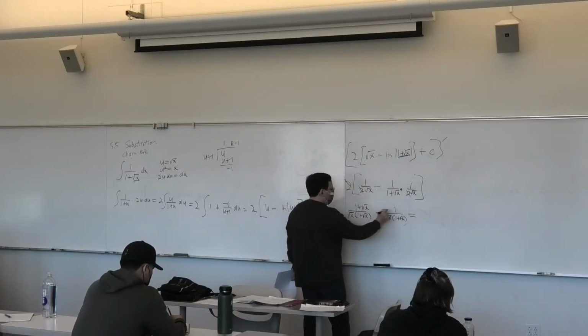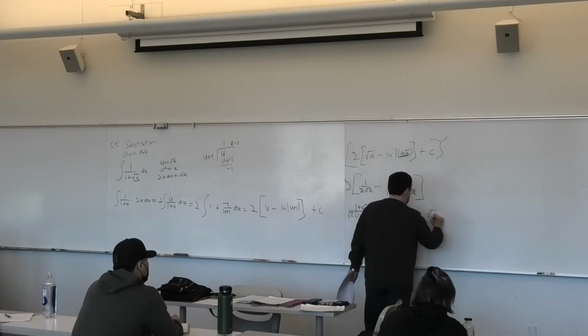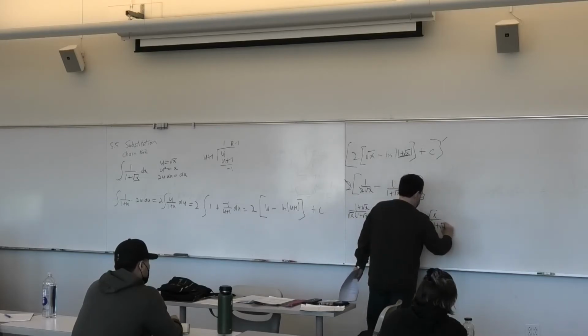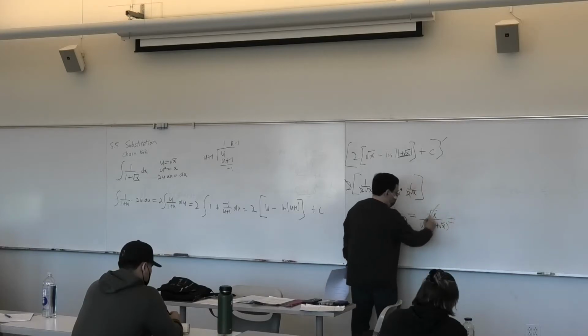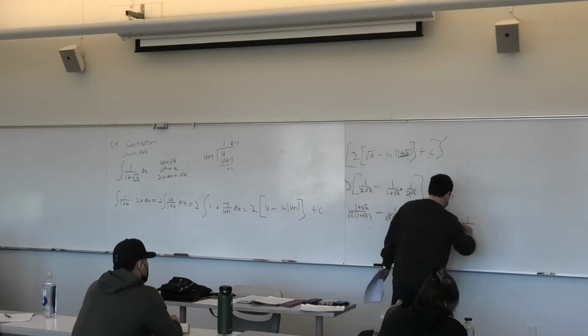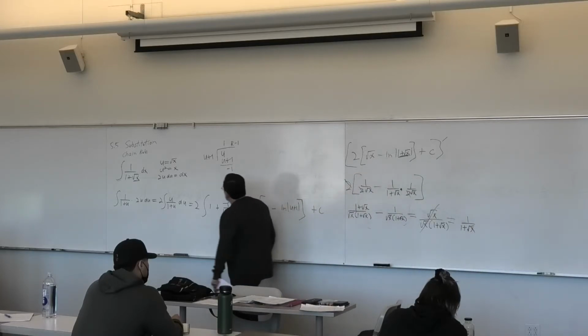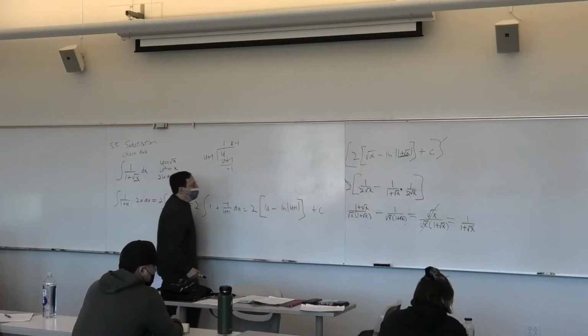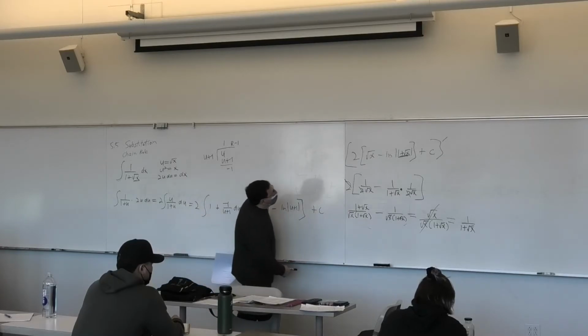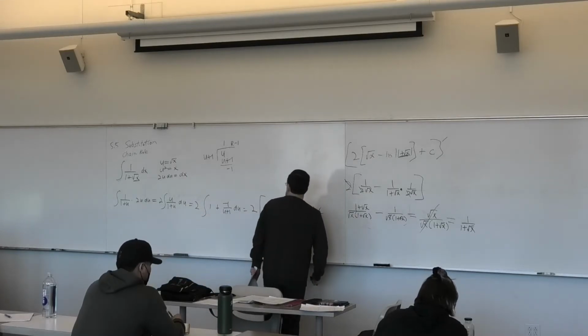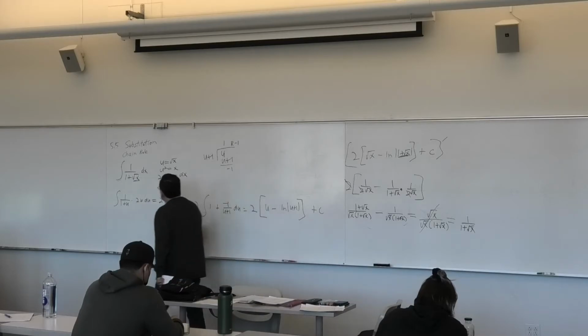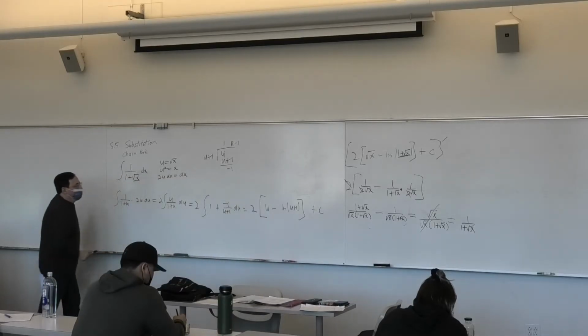Well, 1 plus square root of x minus 1 is square root of x over square root of x times 1 plus square root of x. And of course, these cancel. So, where was it? Way back here, that's what I started with.